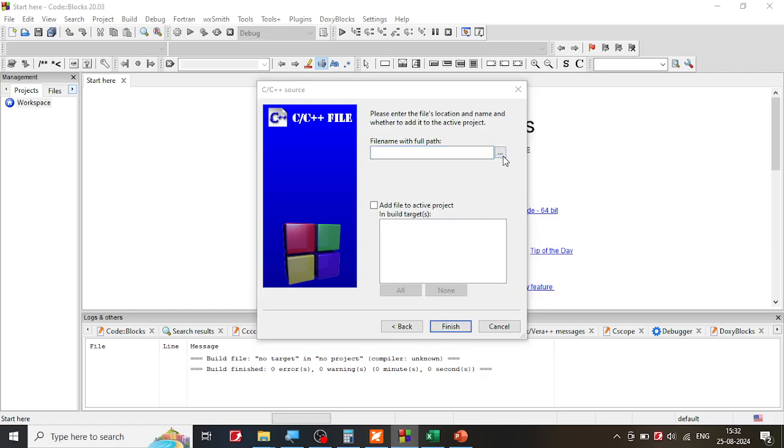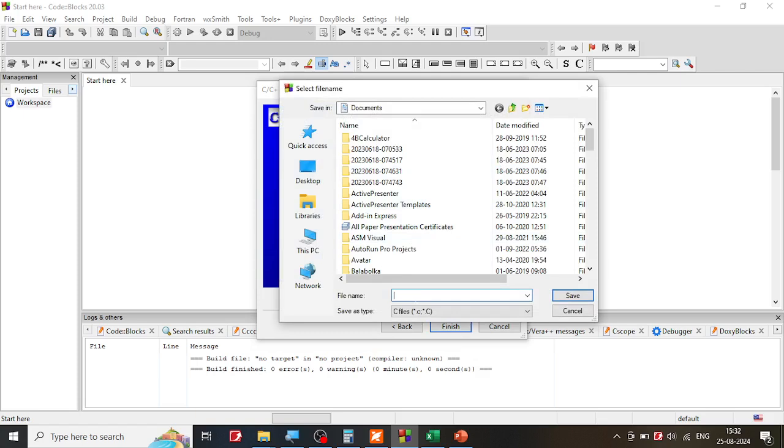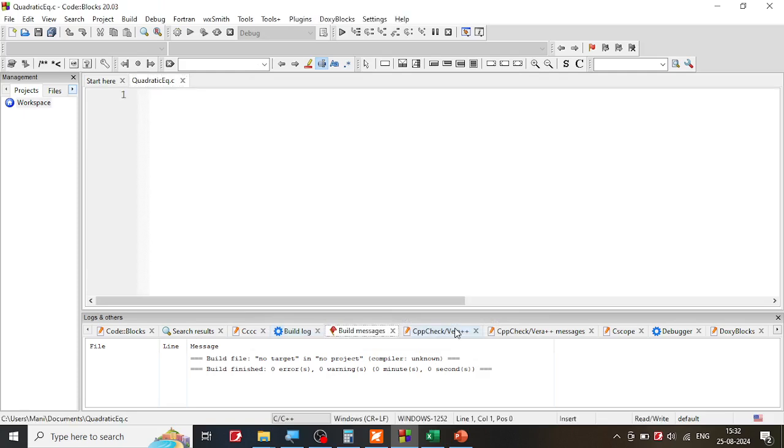Just click on this ellipsis, the three dots, and give a file name. Let me give it as quadratic equation. You can give anything, your name, anything. Save it, and click on Finish, and you have your C program ready.